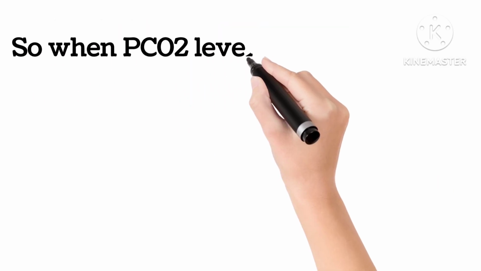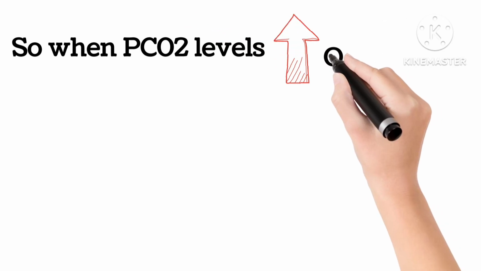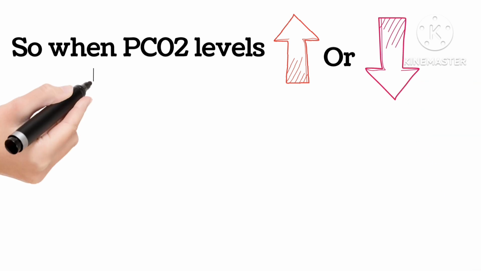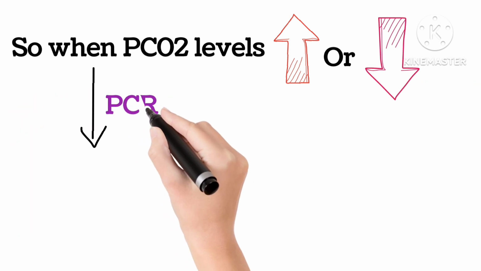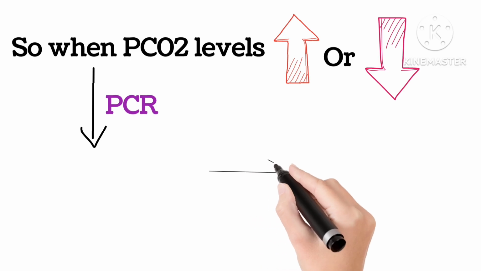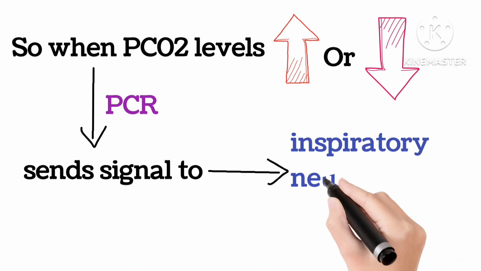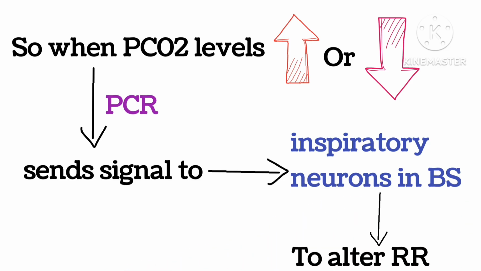So when PCO2 levels either increase or decrease, the peripheral chemoreceptors, which we have already explained, get stimulated, and they send signals to the inspiratory neurons in the brainstem to alter the respiratory rate.